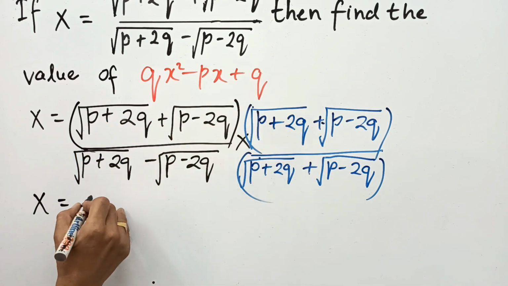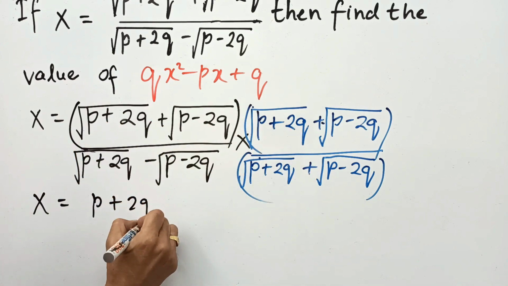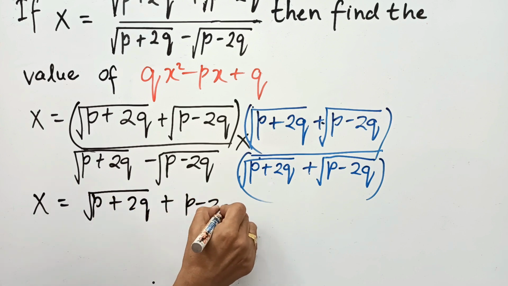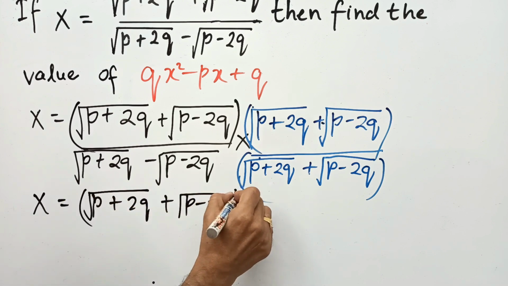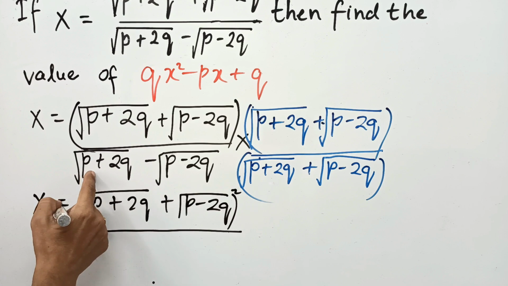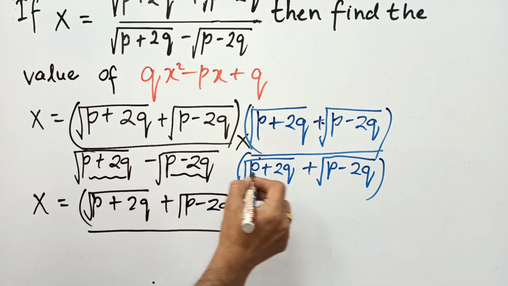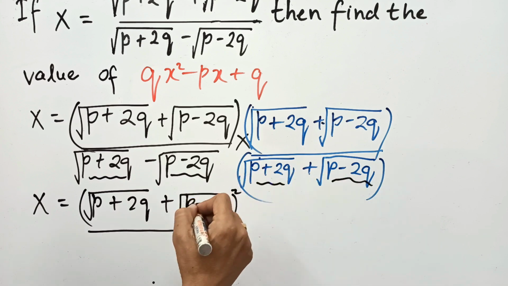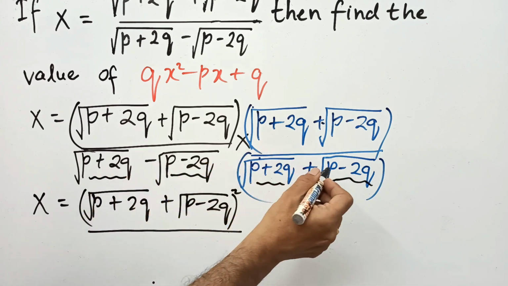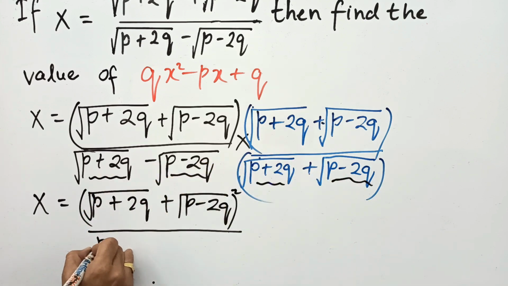the same, so it is whole square, and here it is minus and it is plus. See here, this minus this and this plus this. We will use the identity a minus b, a plus b, a square minus b square.